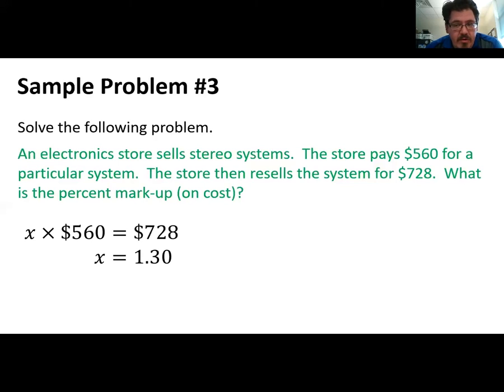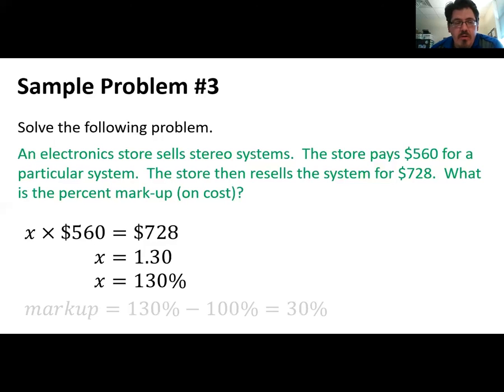That's the decimal version. So now what we need to do is think about what that means in the context of our problem. First thing, we can translate 1.30 into a percent. It's 130%. So we found 130% of 560 is 728. So again, we have to think about the whole increase in percent situation. 100% corresponds to the original amount. And so if we do a quick subtraction, the actual markup percentage was 30%.